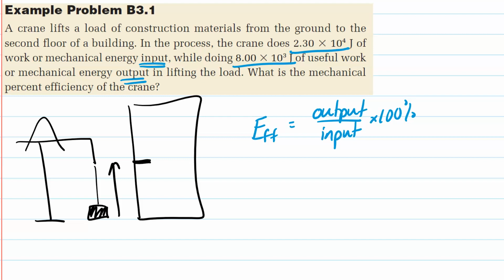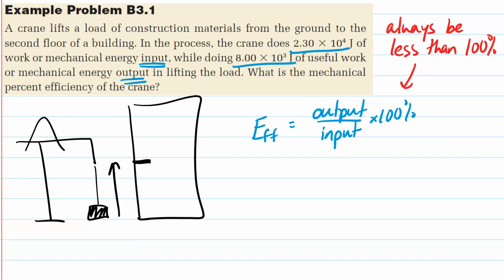Now, one thing to note is efficiency will always be less than 100%. In the real world, we can never be 100% efficient with our machines, mostly because no matter what we do, some energy is dissipated as heat.